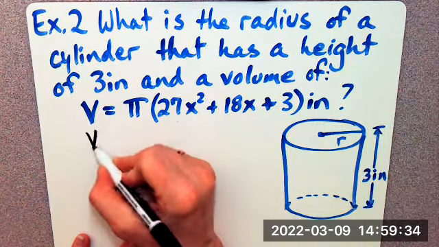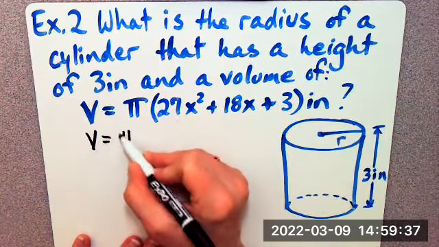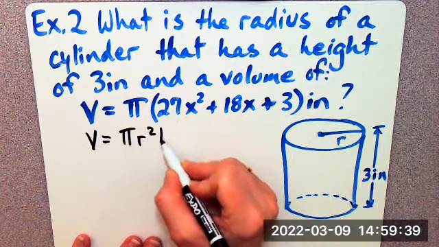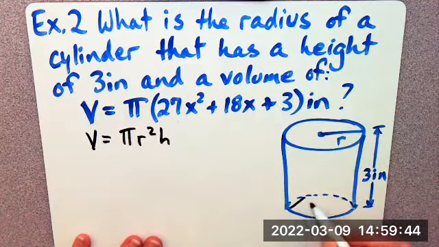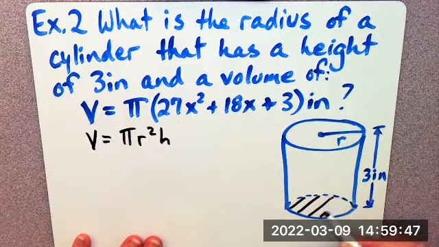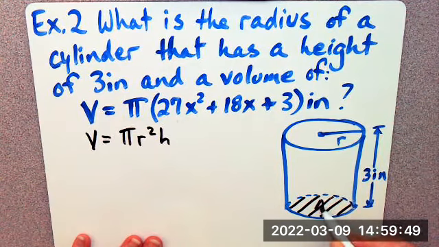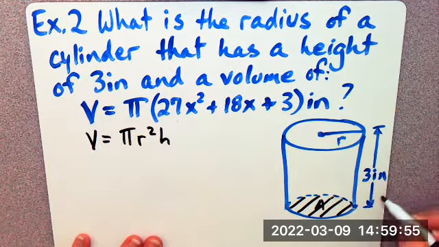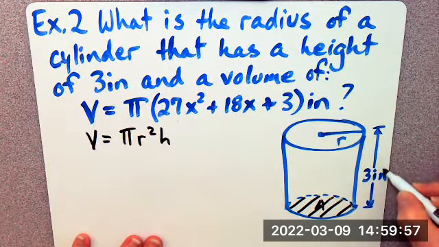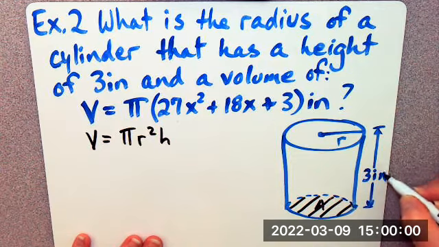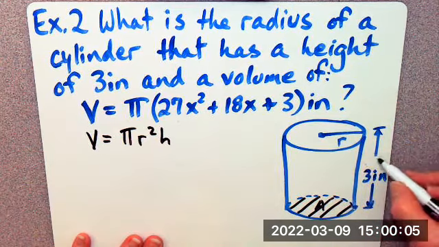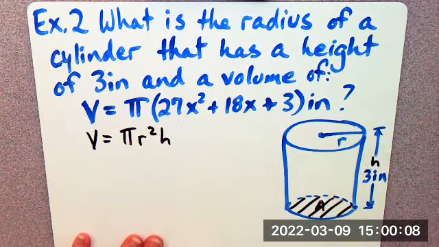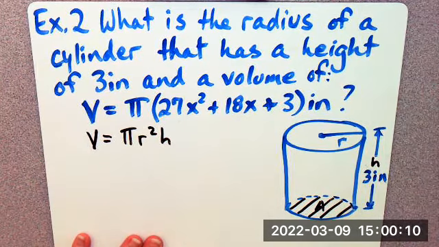So we know the volume is pi r squared h, which basically is the area of this circle times this height here. So this is h.